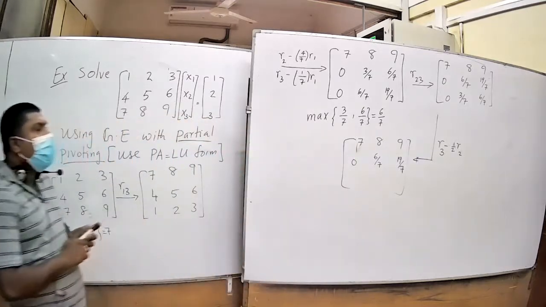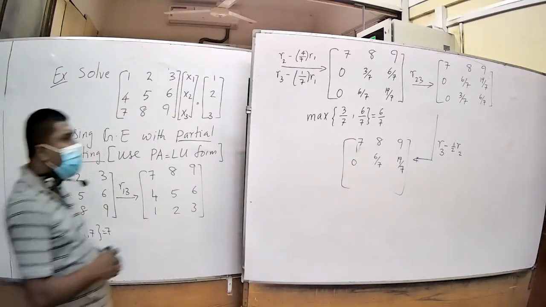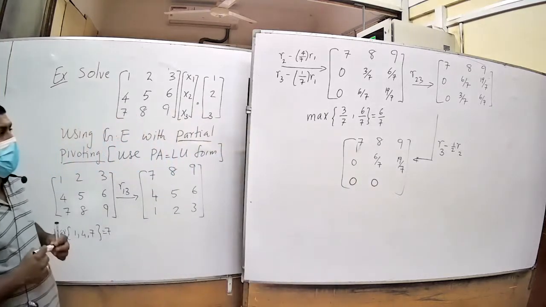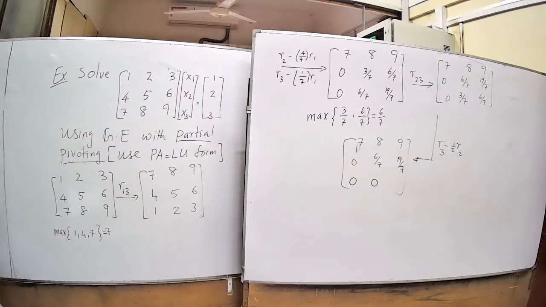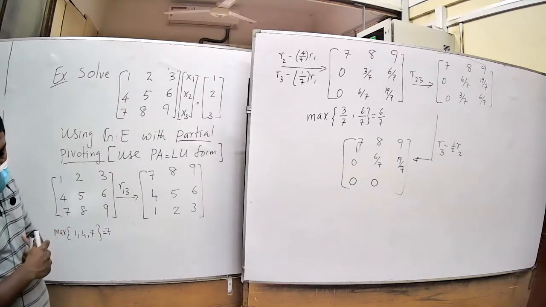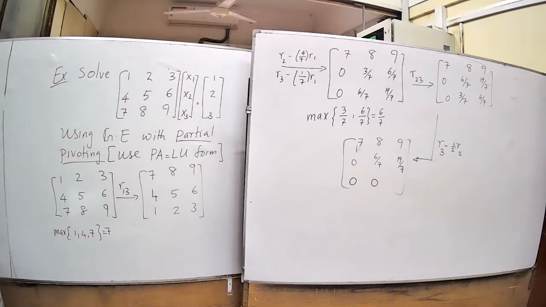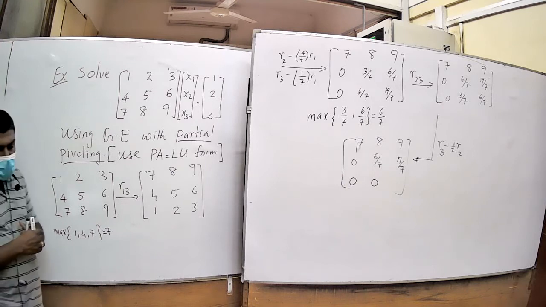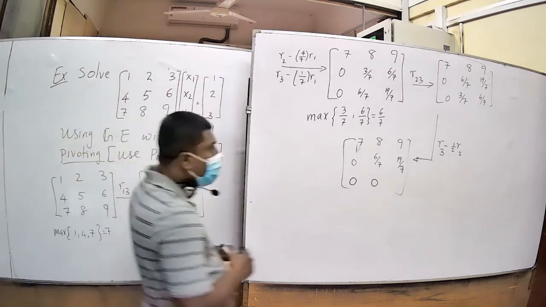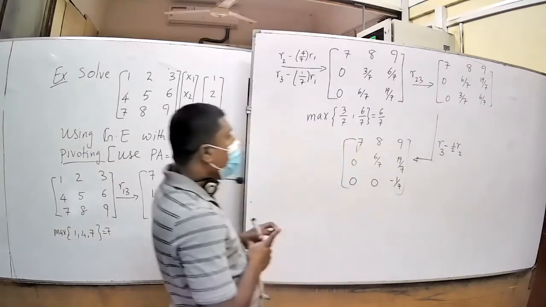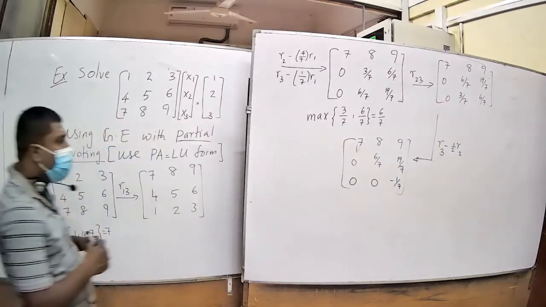And then when you subtract, you get 0, 0, and 6 upon 7 minus 19 upon 14, that is 12 upon 14 minus 19 upon 14. So minus 1 upon 7. So this is your U.